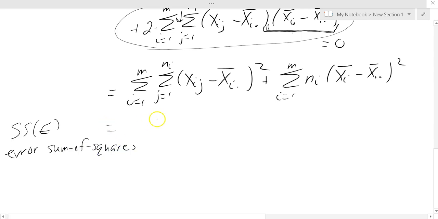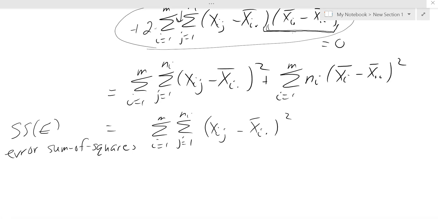That's our double sum in the first one. All right, so what's going on in your error sum of squares?